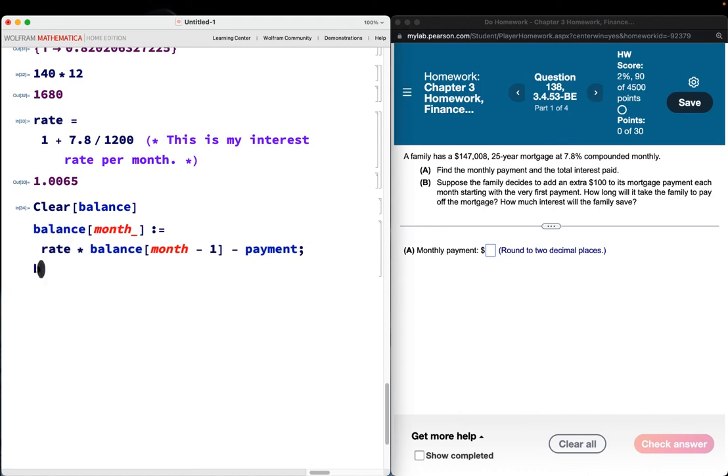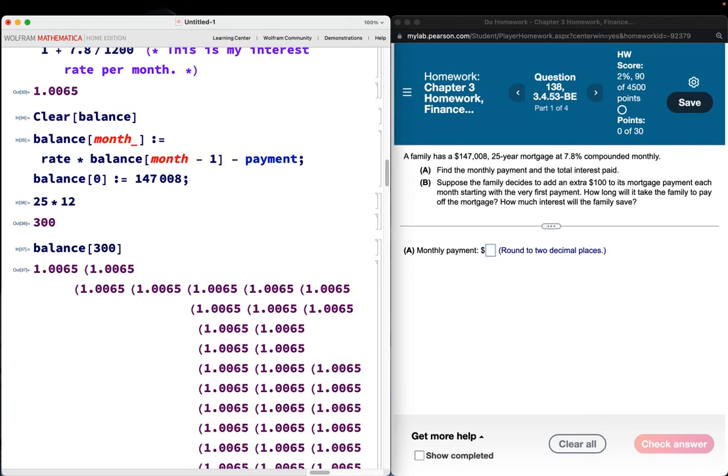All right, and then balance of 0 is going to be $147,008. So it's a 25-year mortgage. How many months are in 25 years? Okay, so balance of 300 months.